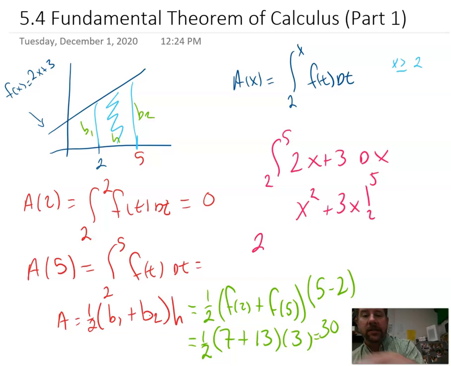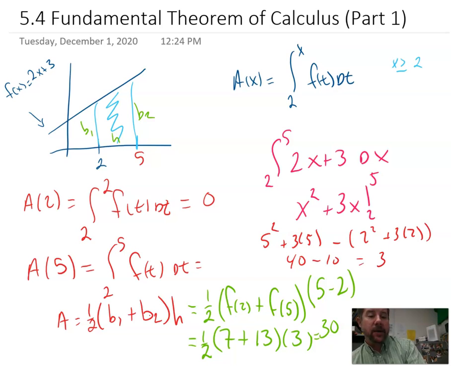This becomes 5 squared plus 3 times 5 minus 2 squared plus 3 times 2. Or this becomes 25 plus 15 is 40. 2 squared is 4, plus 6 is 10. So I get 40 minus 10, or I get 30. Again, same answer either way you do it is just what I'm trying to show there.